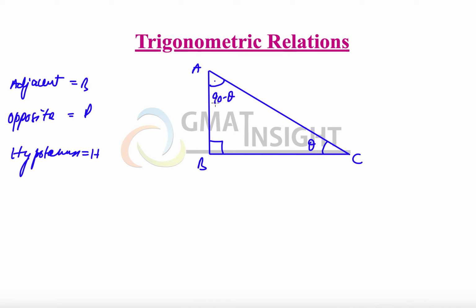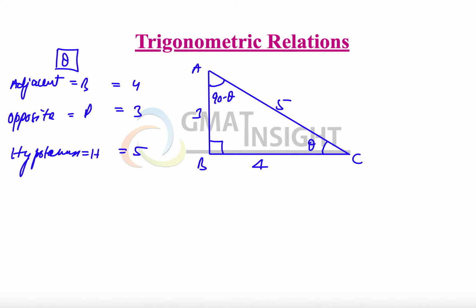And let's assume that we have these three sides, and let me just assume their lengths 3, 4, 5, because sides 3, 4, 5 form a right triangle. So considering theta angle, now theta is the most important angle here. The adjacent becomes 4, the perpendicular is 3, the hypotenuse here is 5.